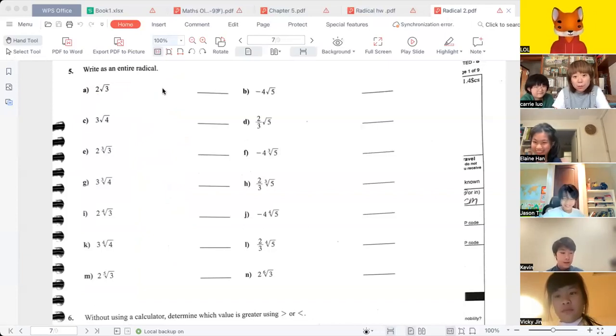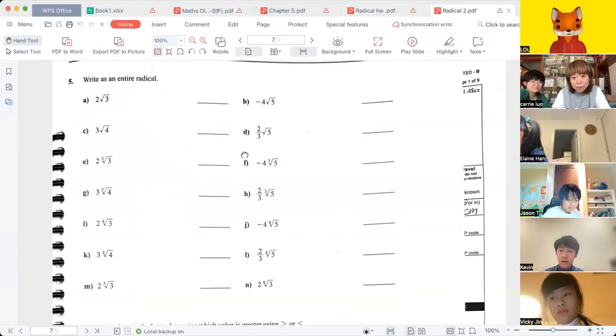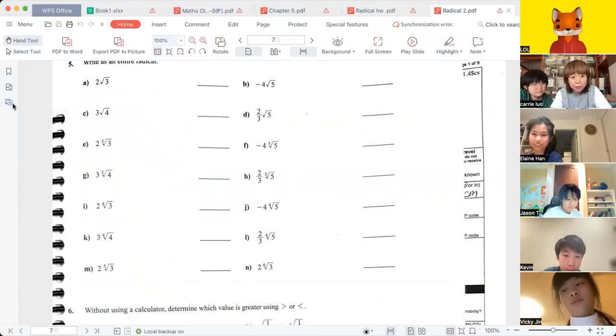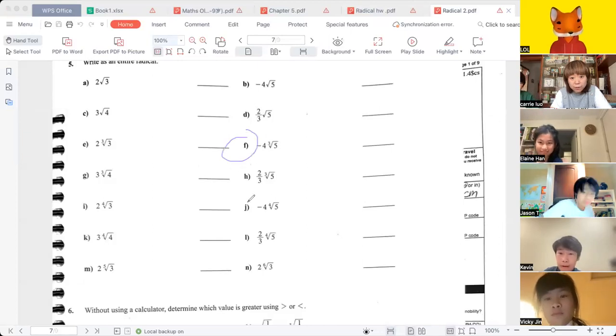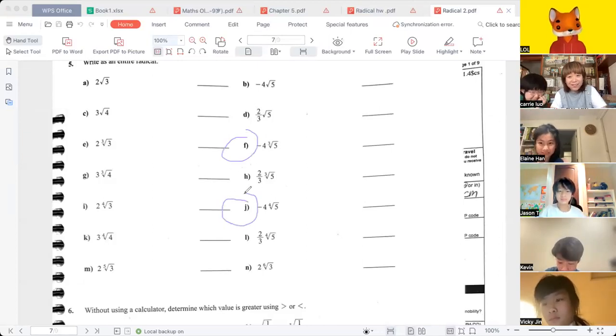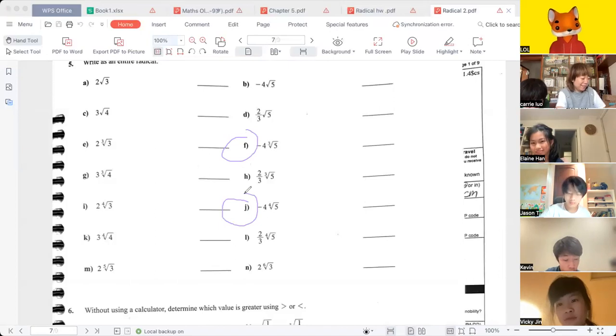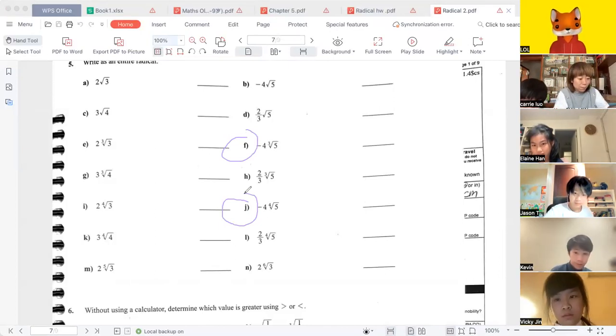OK，好，小朋友们，如果你们都对，我要求你们做一下 number F 和 number J。OK，number F 和 number J. Why is there no absolute value on the 4?